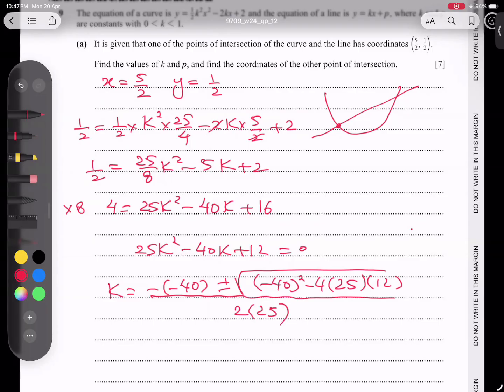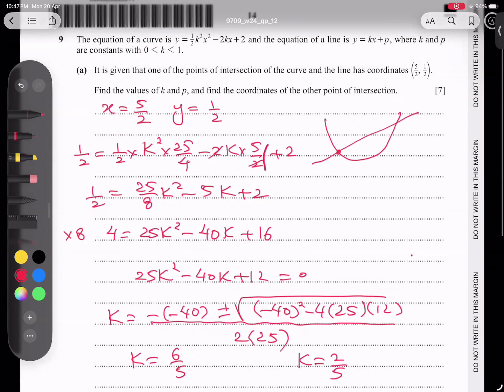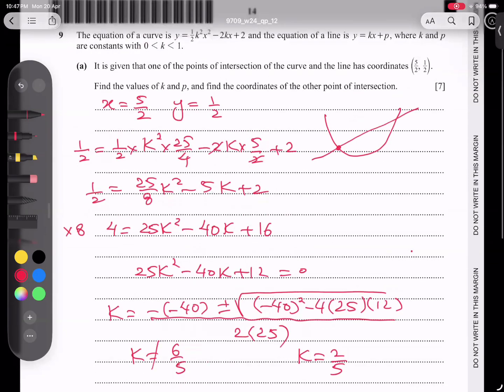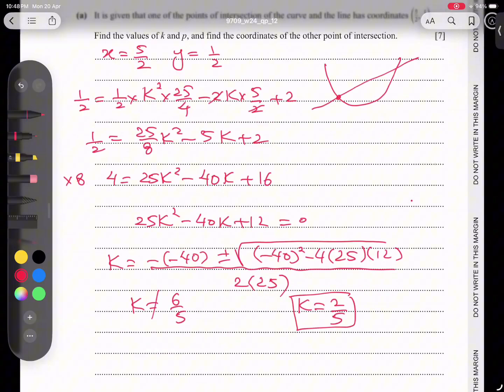Okay, so if I apply, a value is 25, b is negative 40, and c value is 12. My answer turns out to be k value is 1.6 and the second is 0.4. But as he said, this is more than 1, and he said it must be less than or equal to 1. So it means this is not possible. So this is my answer.